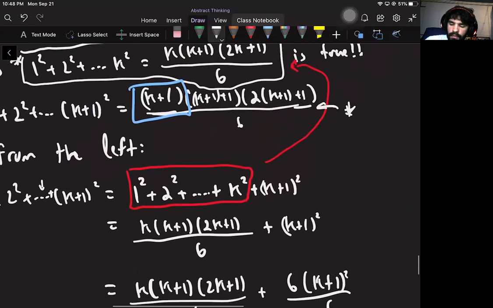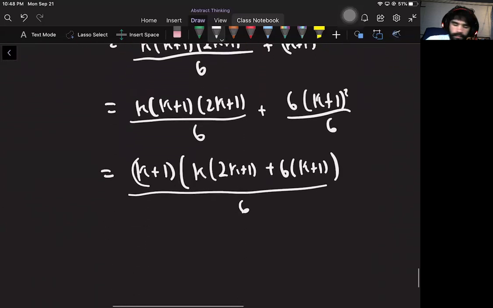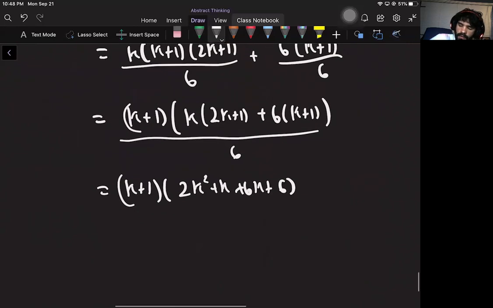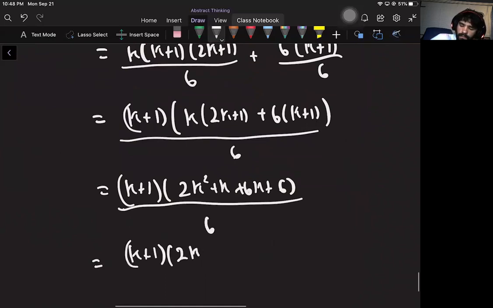Now I just have to simplify the inside. So 2k squared plus k plus 6k plus 6, and then we know math always works out, so we know it's going to factor out nicely into exactly what we want. So 7k plus 6 over 6.